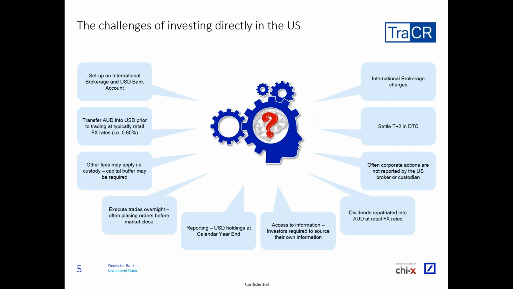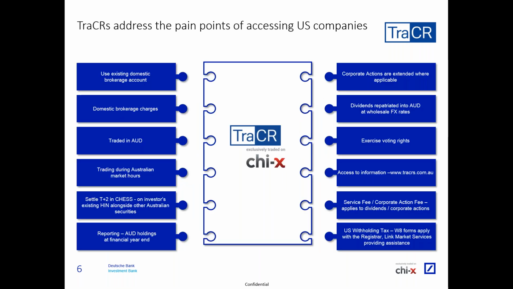So to the next slide, as mentioned at the start, a TraCR is simply a depository receipt. In fact, the depository receipt was first created in the US in 1927. So that's right, this is over 90 years old, and it allows US investors like yourselves to buy foreign companies like CSL and BHP in the US. Today, there's over $2 trillion invested in depository receipts.